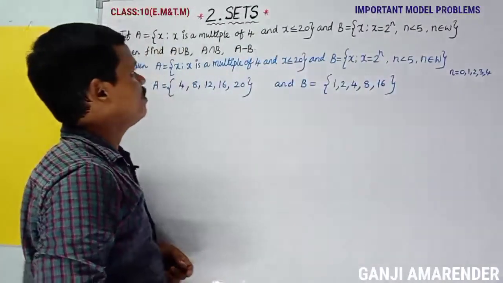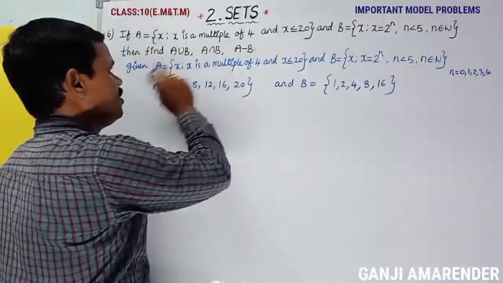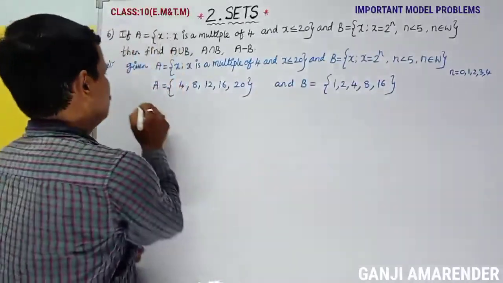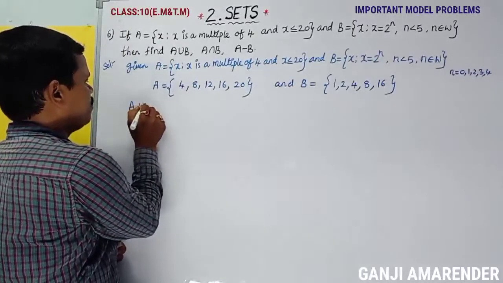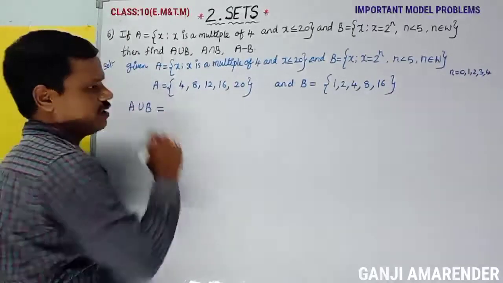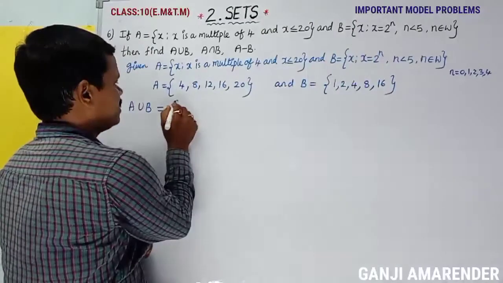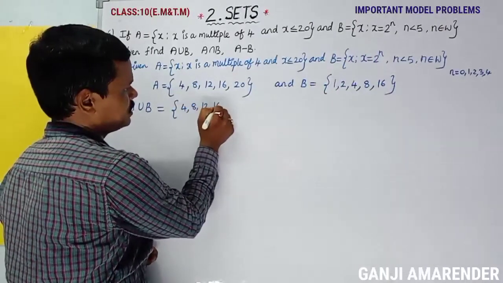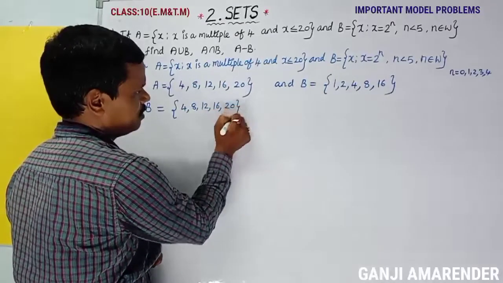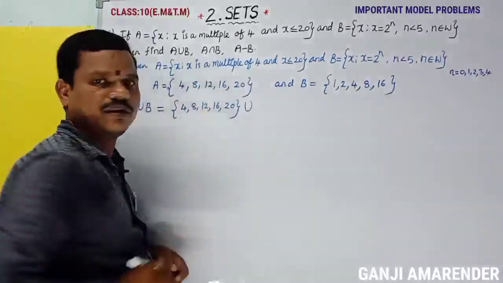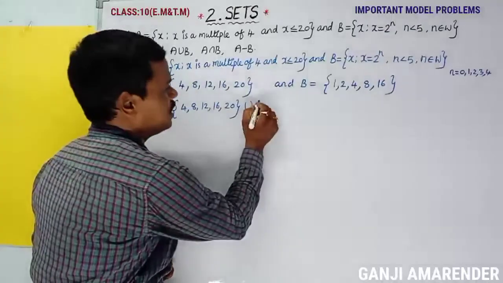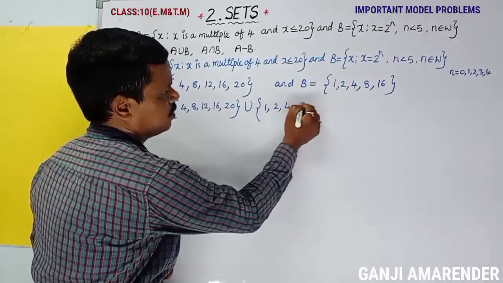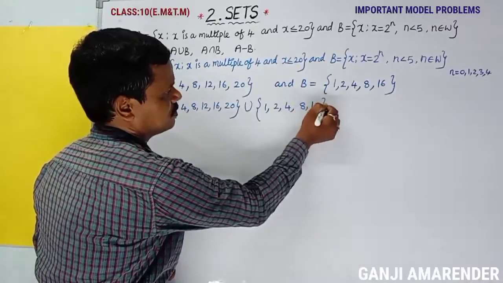ఓకేనా. ఇప్పుడు now find A union B and A intersection B, A minus B. First find A union B. Write the set A: 4, 8, 12, 16, 20, union B: 1, 2, 4, 8, 16.